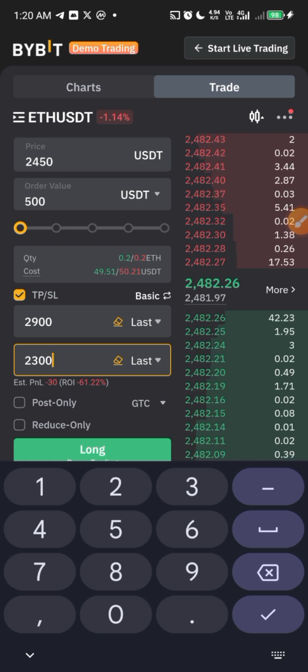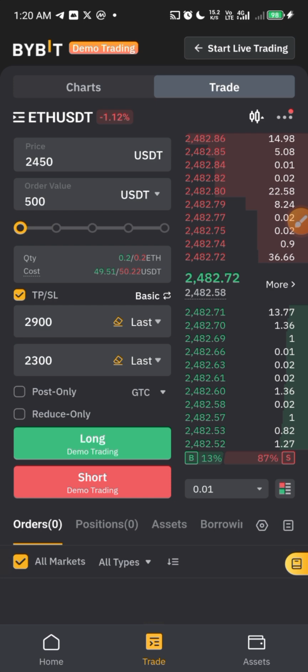So like I told you, you must always make it at least 1:3. From our previous class, I told you guys 1:3. So if you look at what I have done here, it is actually 1:3. So if I win one and I lose one, I am still in profit. If I lose two and win one, I am still in profit.